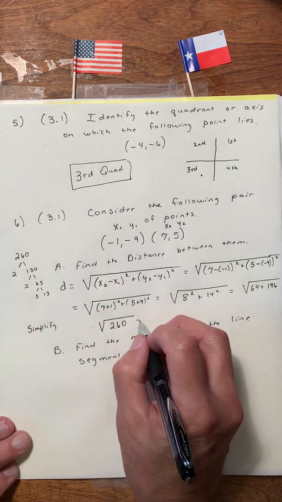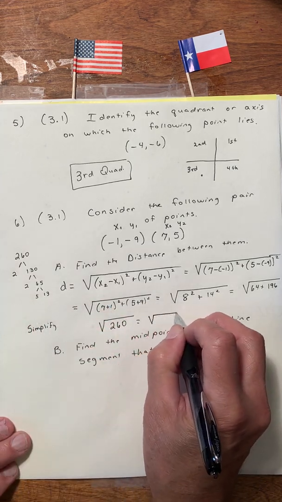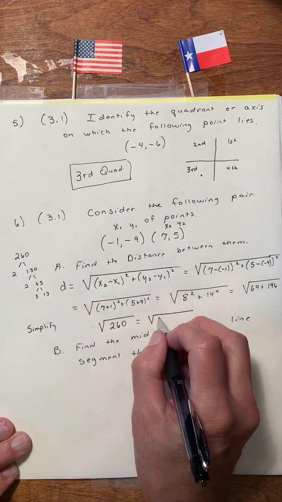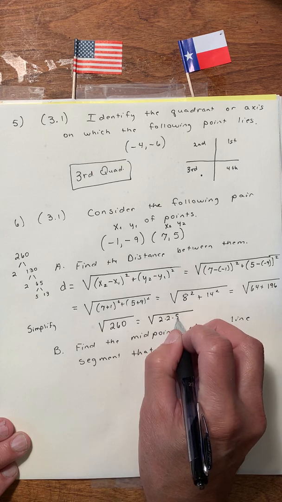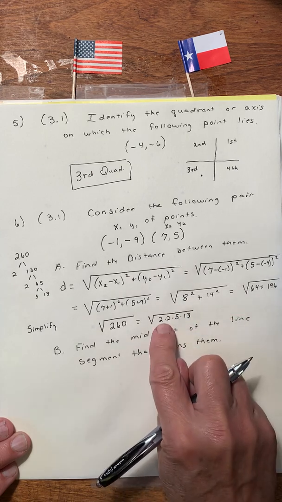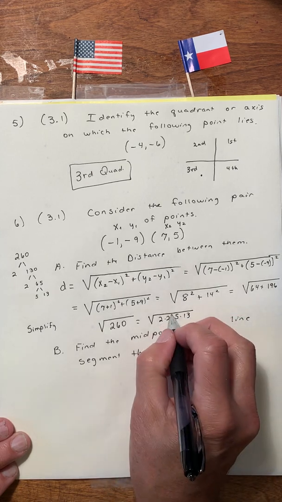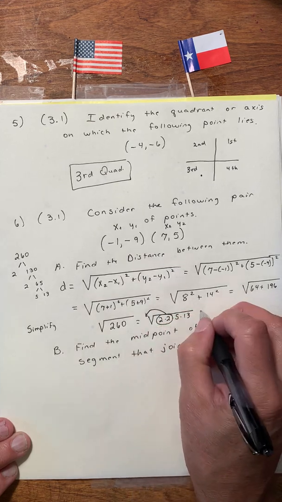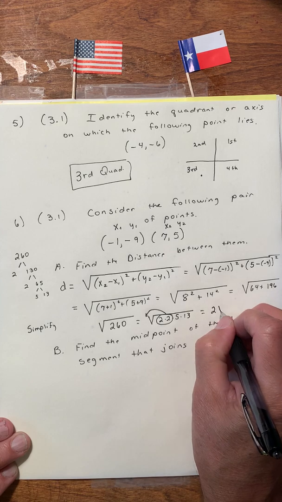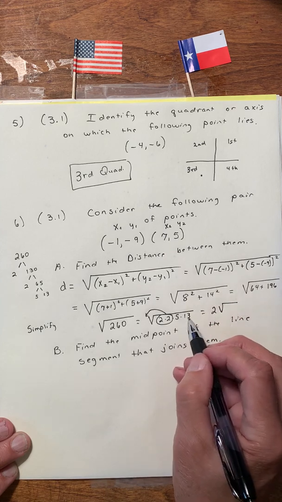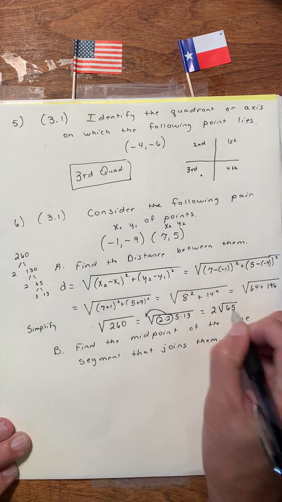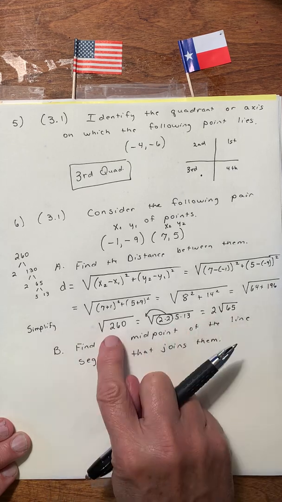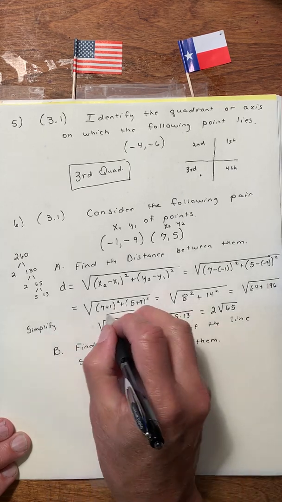So 260 can be thought of as 2 times 2 times 5 times 13. And anytime something shows up twice inside the radical, you bring it out of the radical once. So this is 2 square roots of 5 times 13 is 65. If they ask you to simplify, this is what you do. If they don't say simplify, this is your answer.